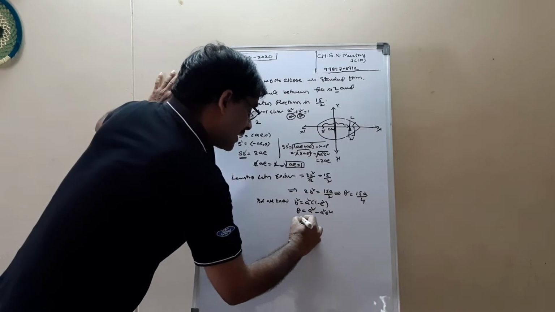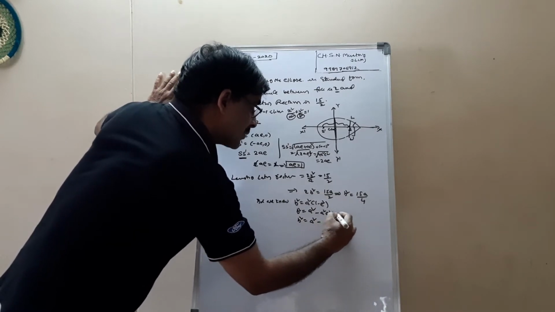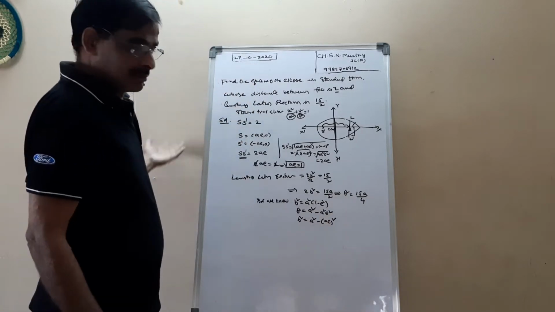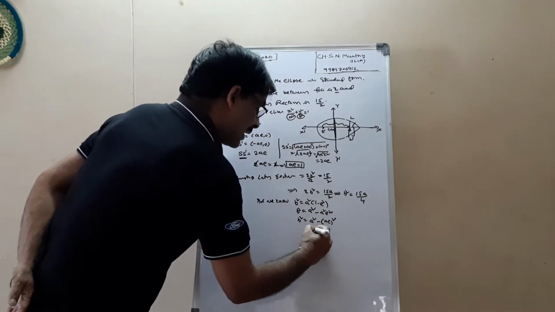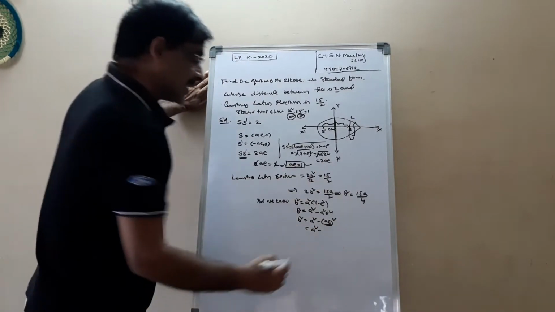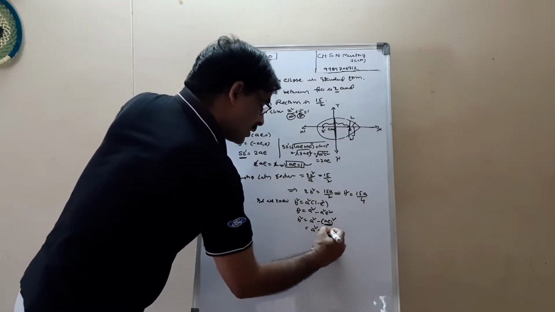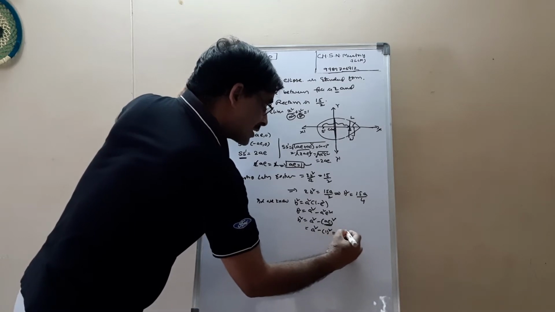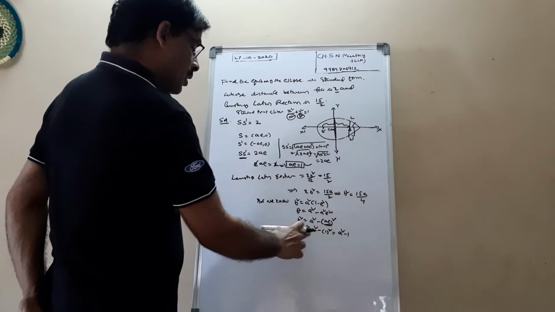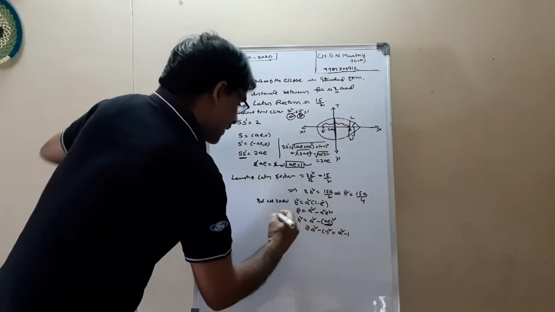Or b square equal to a square minus (ae) whole square. Or a square minus, what is ae? We already know that ae is 1, so 1 square, or a square minus 1. So b square equal to a square minus 1.